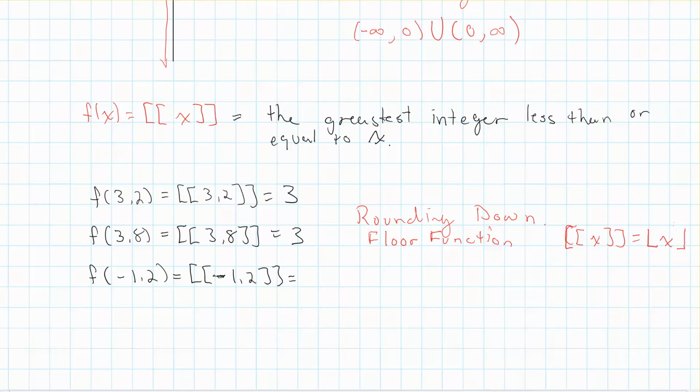You want to think about rounding down. And if you're rounding down, you're thinking what integer to the left of -1.2. The integer to the left of -1.2, of course, is -2. So this is equal to -2. And when we look at the graph here, we'll quickly be able to see that.